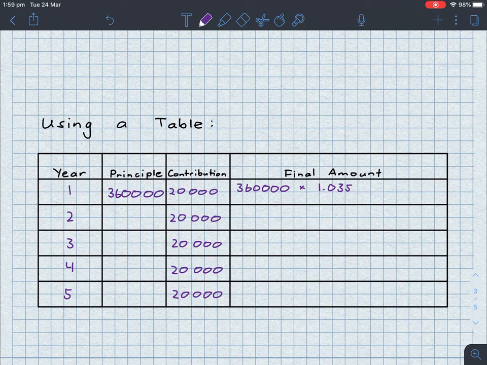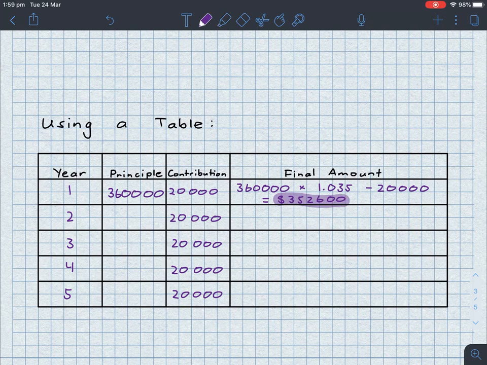And then when we take the contribution into account, we're actually subtracting it because this is a debt. So she's paying off the debt, it's getting smaller, so we're subtracting. So this means that at the end of the first year, we end up with $352,600.